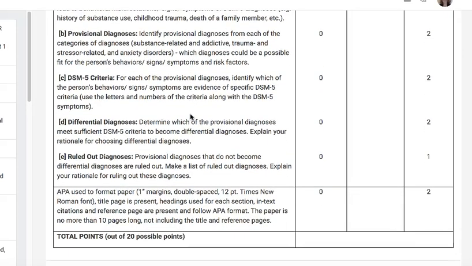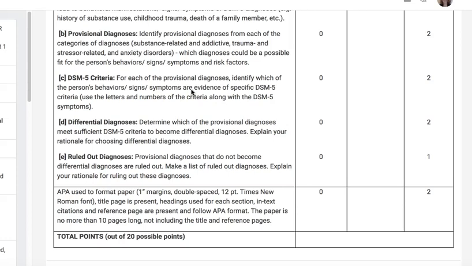So now, in order to determine whether or not they are real possibilities, we need to go back to the DSM and look at the criteria for those provisional diagnoses and identify which of the person's behavior, signs, and symptoms might be evidence of that particular DSM diagnosis, that they meet the criteria for. So you'll be using the letter and number of the criteria in the DSM for that diagnosis.